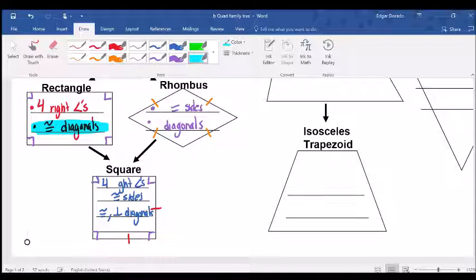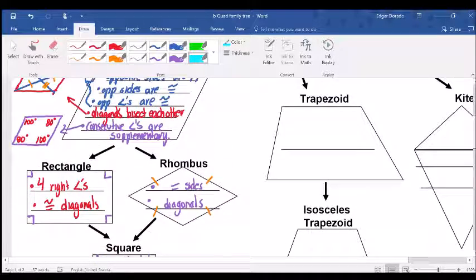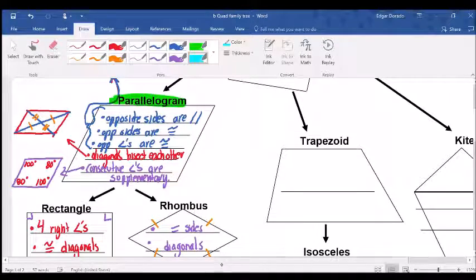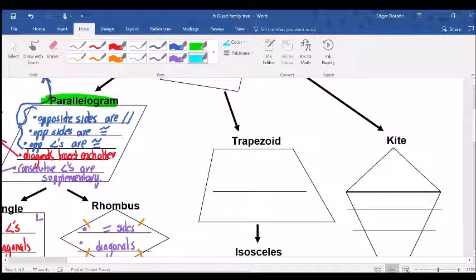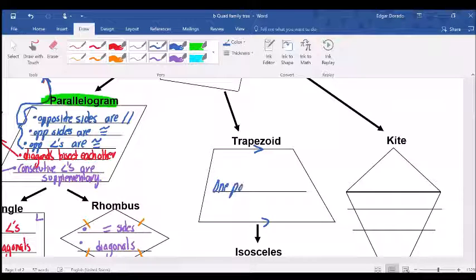Now we are going to move on from parallelograms onto trapezoids. So let's go ahead and take a look at trapezoids. One of the things that trapezoids have that's particular to trapezoids is that they only have one pair of sides that is parallel.